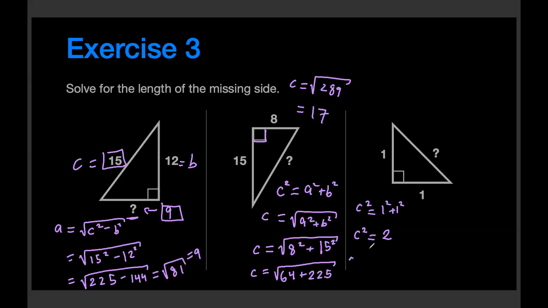That's right. But we need to take the square root of both sides, right? It's not going to be a great number, so we can just leave it as the square root of 2. The square root of 2 is going to be 1 point something, because we know that the square root of 1 equals 1, and the square root of 4 equals 2.